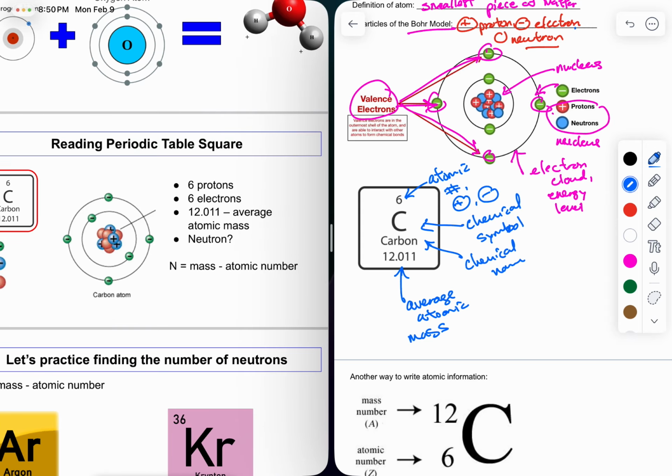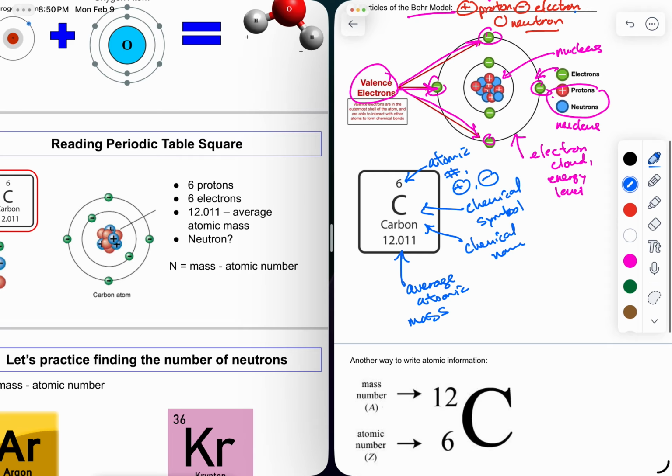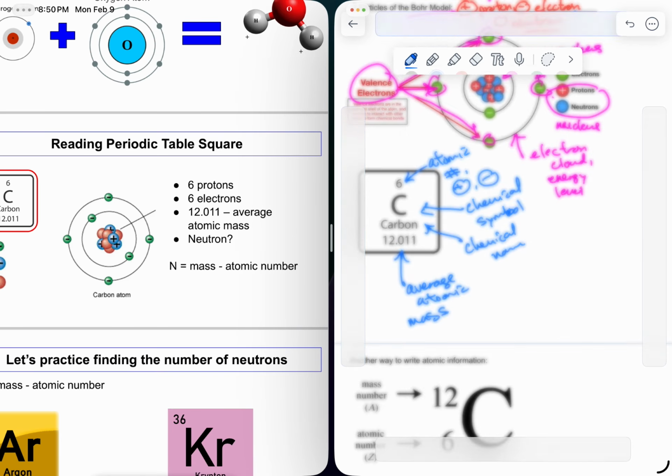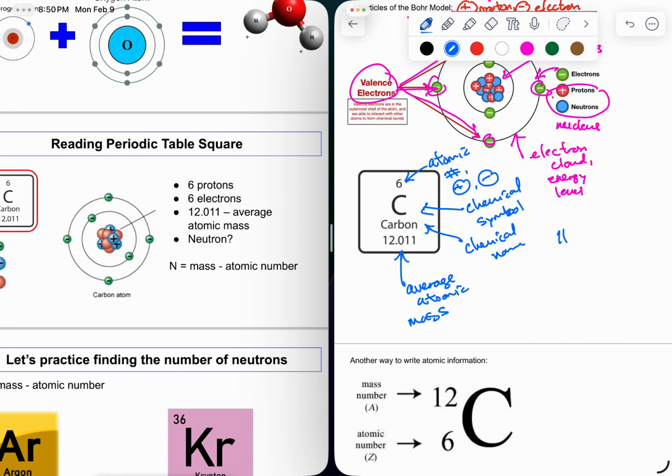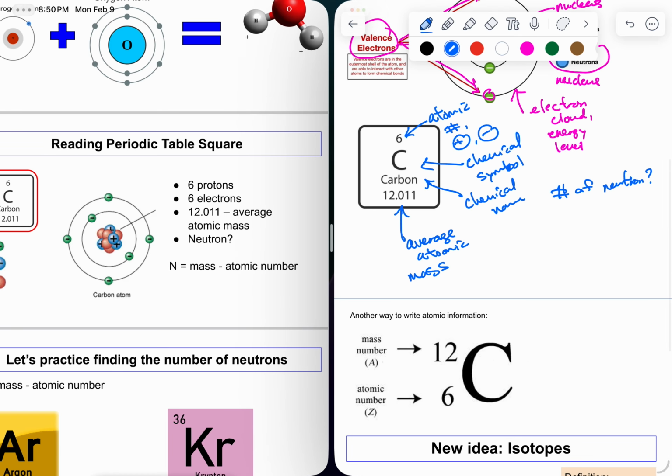But what about the number of neutrons? Where's that information? Well, there's a way to calculate it from the information that we're given. The way that you calculate it is n equals the mass, which you have to round, minus the atomic number.